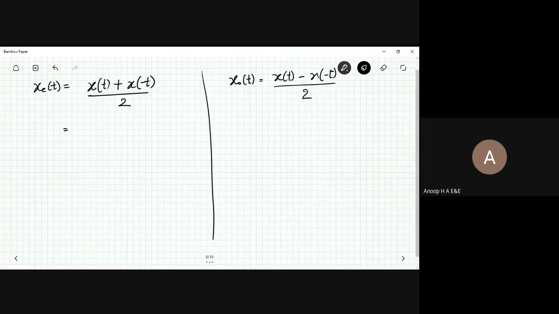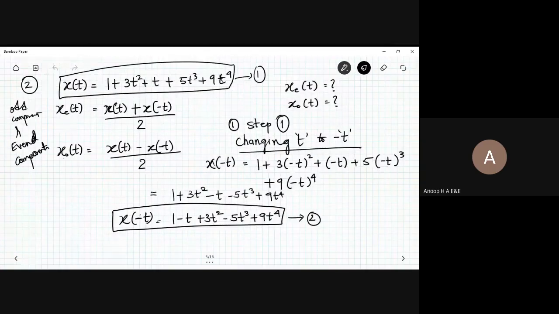So what you can do here is go to the solution again and find out what x of t is.